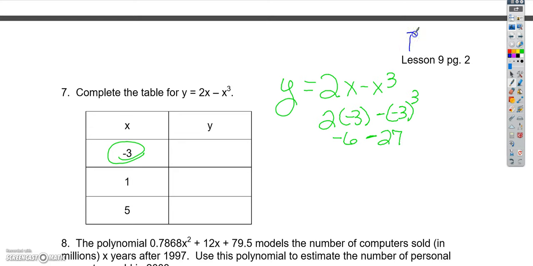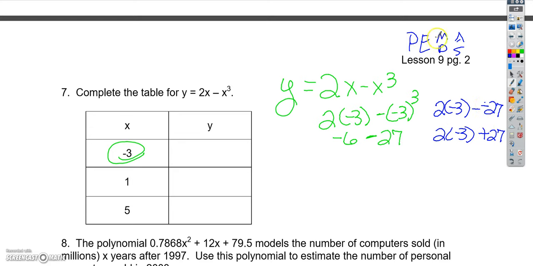If we were following PEMDAS, we should have left this alone and got this as -27, which becomes +27, because a minus a negative would be a positive.